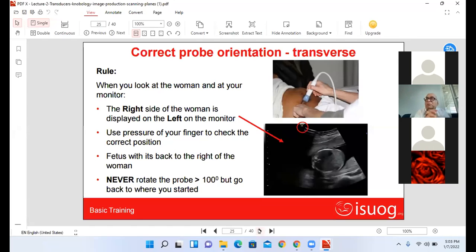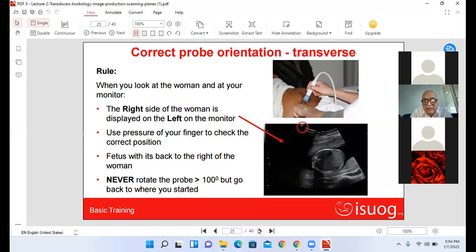This is very important, because if we rotate more than 100 degrees, we will lose the orientation, especially when deciding the situs of the heart, or in cases of twins. This is very dangerous. If we rotate too much, maybe we are measuring a different fetus than the one we are interested in.